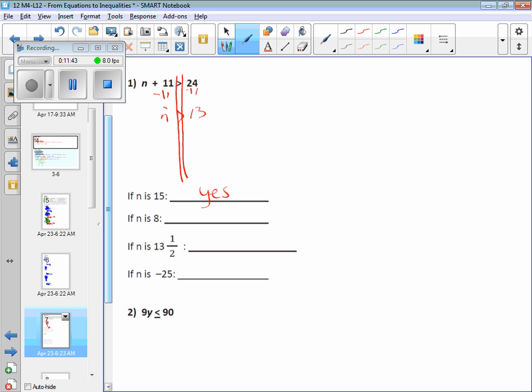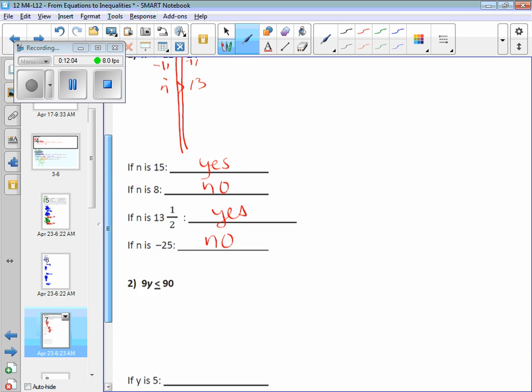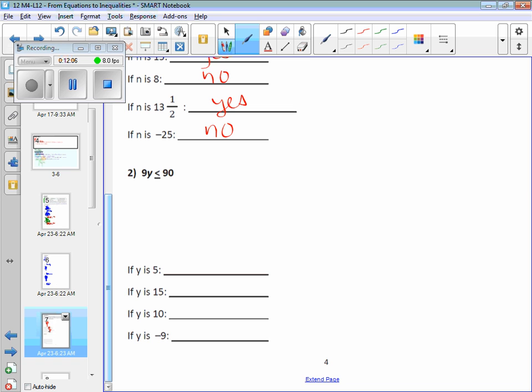What about if n is 8? Okay, that would be an affirmative no. 13 and a half. Oh, absolutely. Negative 25. Anybody want to come up and do number 2? Come on, you want to try it?